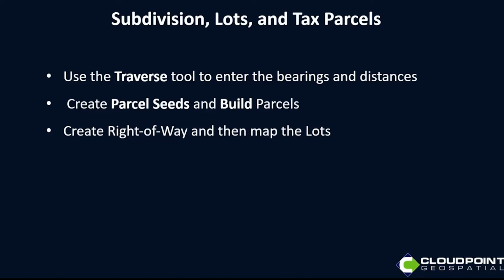And then with your lines done, you create your parcel seeds and build your parcels. So the general rule is creating your lines first, and then generating or building your parcel polygons from the lines.